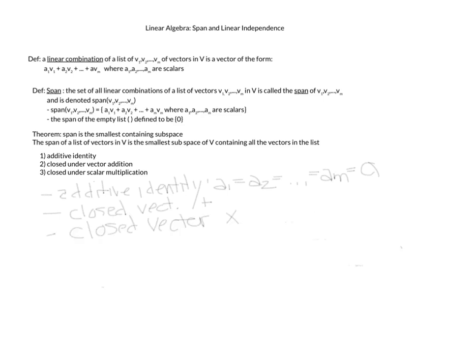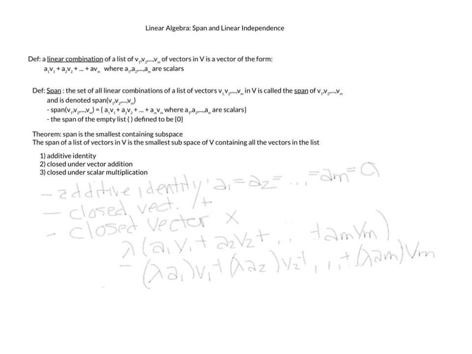And the last thing I need to show is it's closed under scalar multiplication. So again, I have my representative vector over here. It's a linear combination of my vectors, and then I multiply it by a scalar gamma, but by definition, you just multiply each term by the scalar. That's gamma a1 v1 up to gamma am vm.